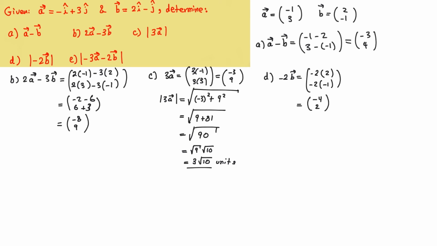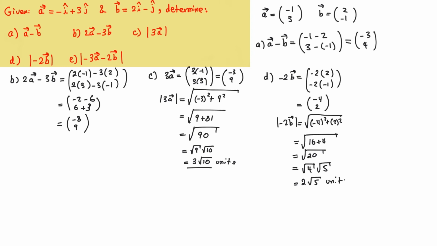Now we want to find the magnitude of this, so we are going to do square root of the x component squared plus the y component squared, and we get 16 plus 4, which is equal to square root of 20, or root 20. This can be simplified. We can write this as root 4 multiplied by root 5, and that's the same as 2 root 5 as our final answer.